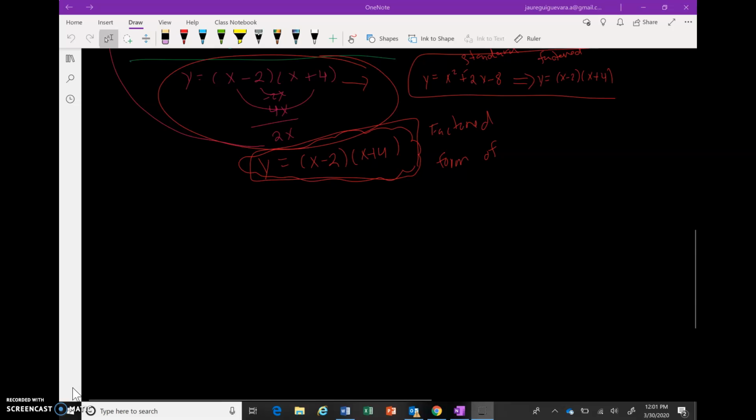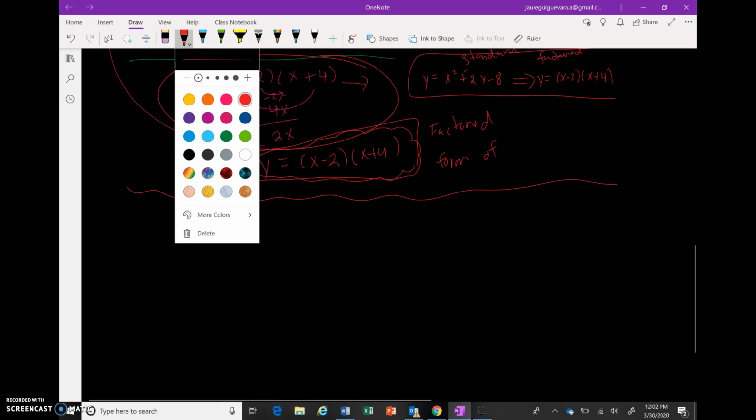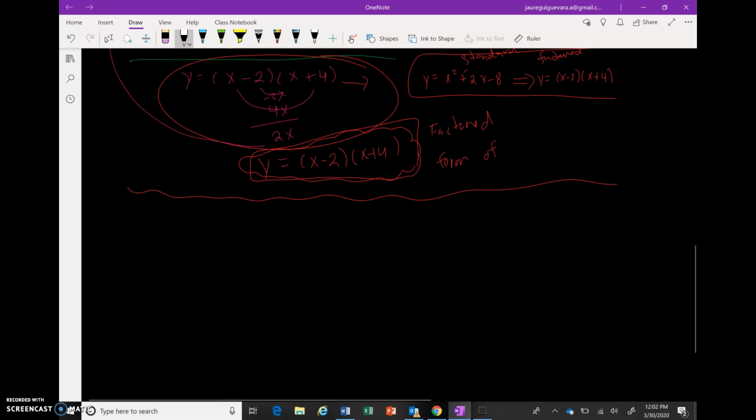So I'm going to do another video showing you guys a few more examples on how we can convert quadratic equations from standard form into factored form. Let me go ahead and get a pencil. Okay, so I have a few more examples.